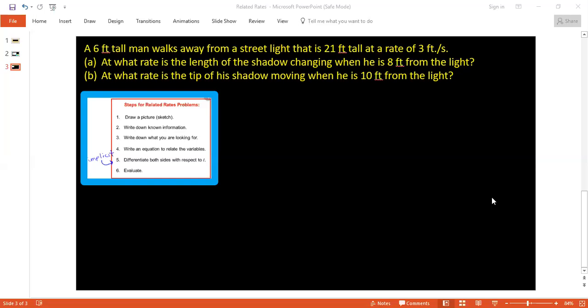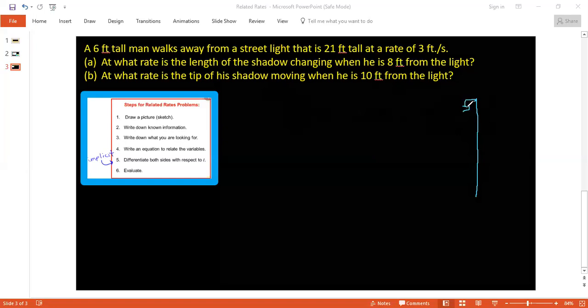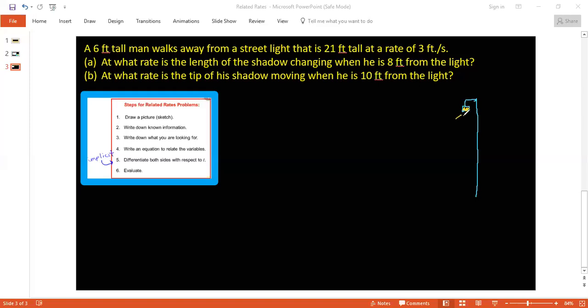The first step is to draw or sketch the picture. So we have this street light, and there's a man that's walking.